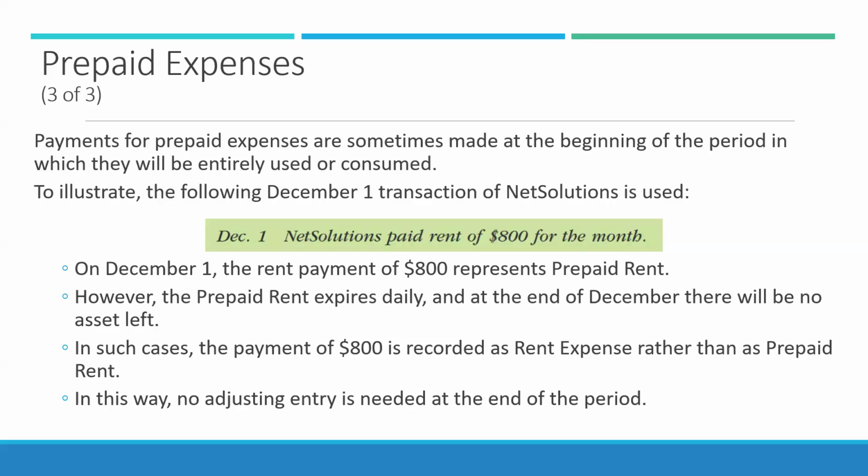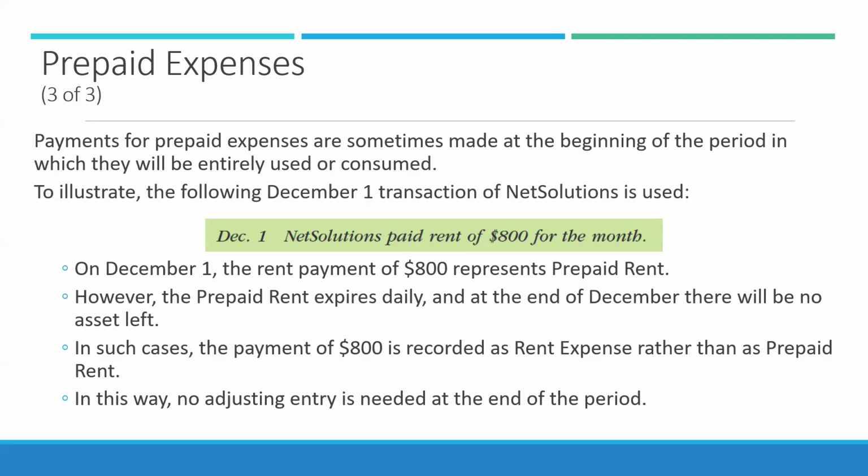This is a little extreme, but we'll go with it. However, the prepaid rent expires daily, and at the end of December, there will be no asset left. In such cases, the payment of $800 is recorded as rent expense at the beginning of the month. That's more realistic, guys. Does that make sense?